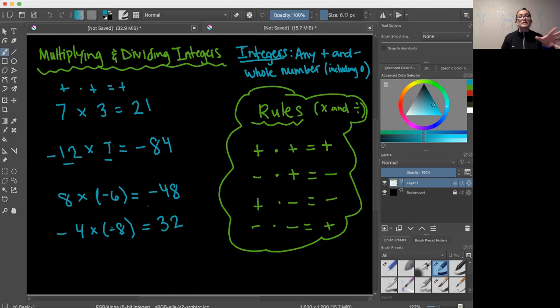The more you practice with them and the more you use it, of course, the better and the more natural these are going to become for you. So go ahead and practice those. If you need a refresher on the addition and subtraction with integers, please watch the last video. Again, you can find the links below, and I will see you in the next one.